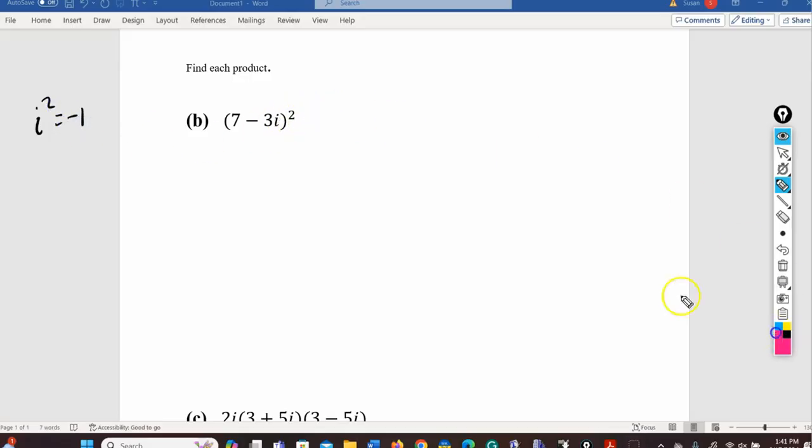Now, what you cannot do is 7 squared minus 3i squared. It's not that. What we have here is 7 minus 3i squared, so it's 7 minus 3i times itself.